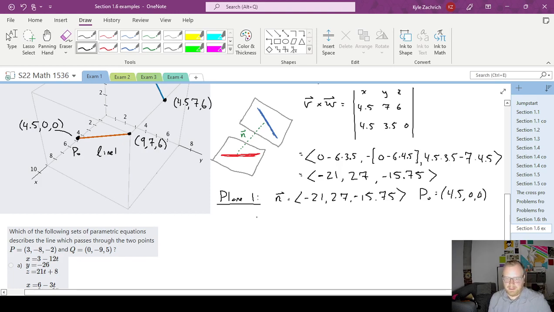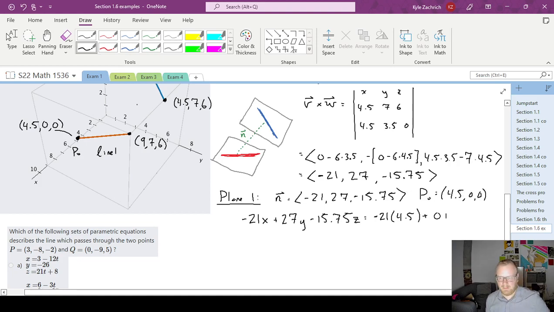I'll use that ax plus by plus cz form. So negative 21x plus 27y minus 15.75z is equal to d, which is my ax naught plus by naught plus cz naught.